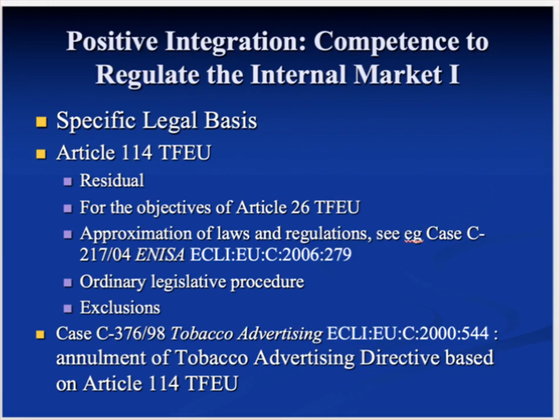So Article 114 gives competence for the EU to achieve the objectives of establishing or ensuring the functioning of the internal market. And Article 26 goes on to define the internal market, 26 subparagraph 2, as an area without internal frontiers in which the free movement of goods, persons, services and capital is ensured in accordance with the provision of the treaties.